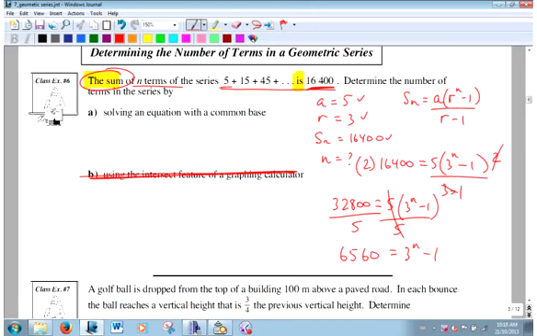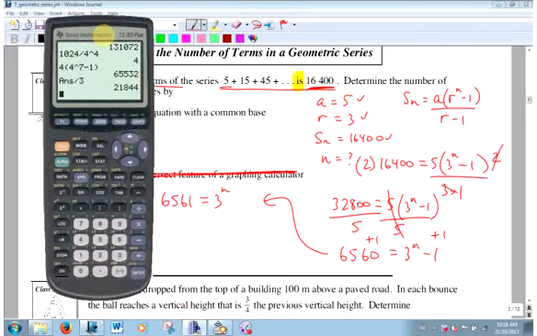I got to get rid of minus 1. How do I do that? Add it. Add 1 to both sides. Let's go over here. So 6561 is 3 to what power? Guess and check. Okay.